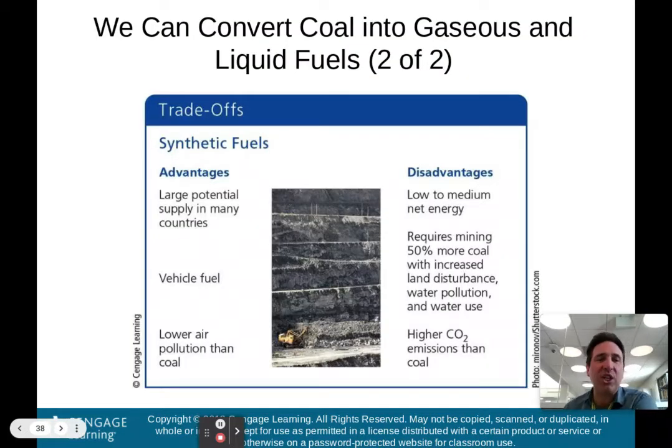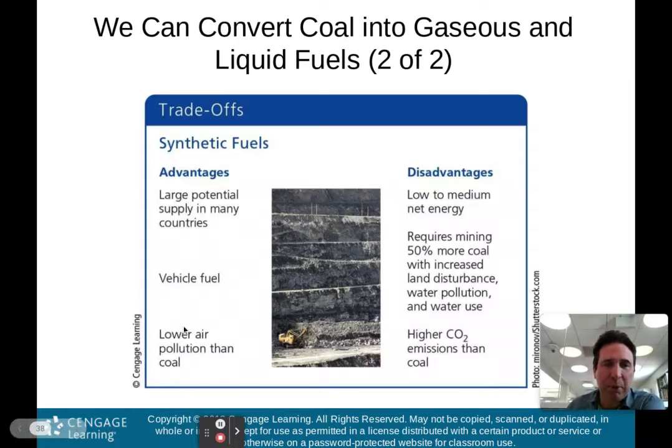What are some advantages? Large potential supplies in many countries. It can be used for vehicle fuel instead of using oil, and lower air pollution than coal, but not much lower. Disadvantages: low to medium net energy. Again, requires mining 50% more coal with that increased land disturbance, water pollution, and water use. And there's higher carbon dioxide emissions than coal.